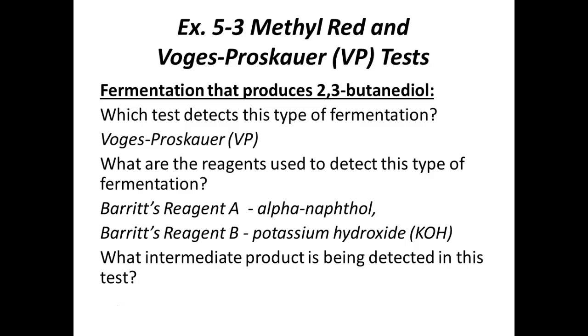But you do need to write them in your report. So these react with a particular chemical that's produced in 2,3-butanediol fermentation. And what is that? Acetoin. Not acetone, acetoin.